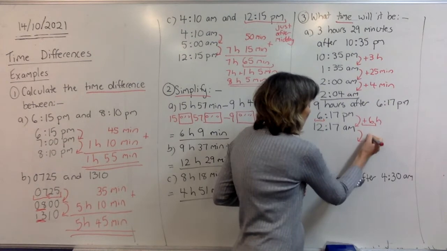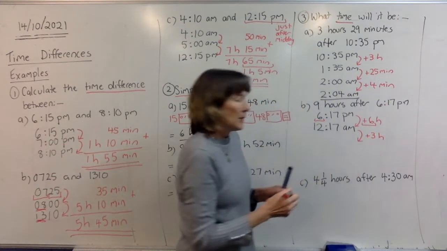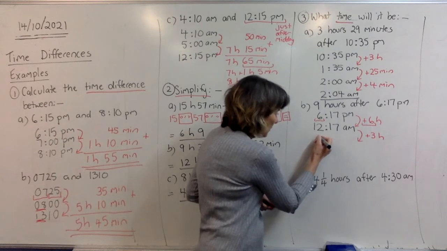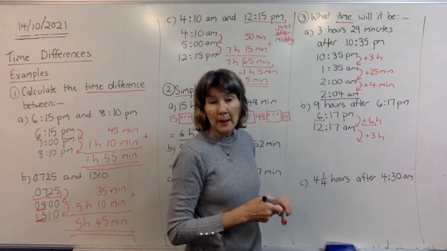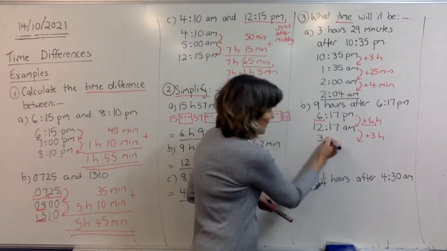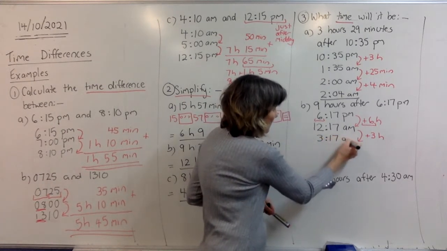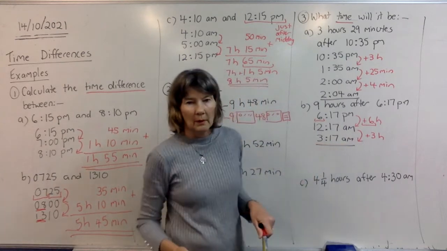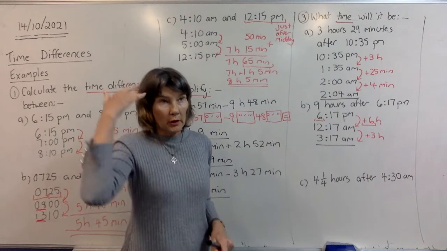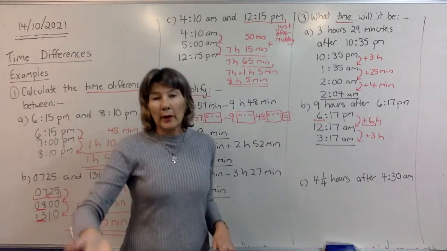So I've got 3 more hours I need to add on. And then this bit should be easy enough. We're just adding it to the 12. And, oh, we're not adding it to the 12. Just think about it. You're at midnight. It's going to be 3:17, and we're still in the morning. Okay, so you're not actually adding it on to the 12, are you? So just think about that logically. We're at midnight, add 3 hours, we're at 3 AM.